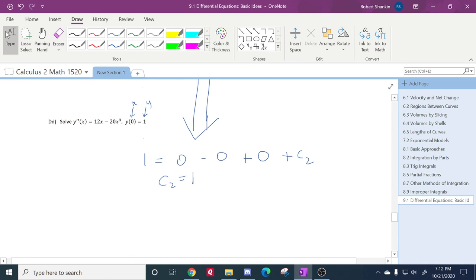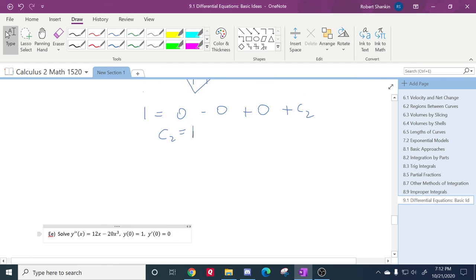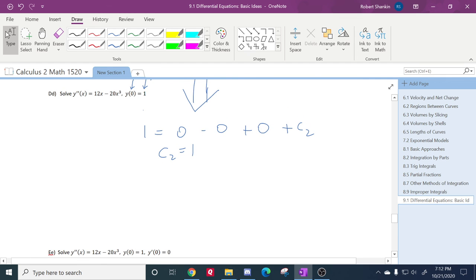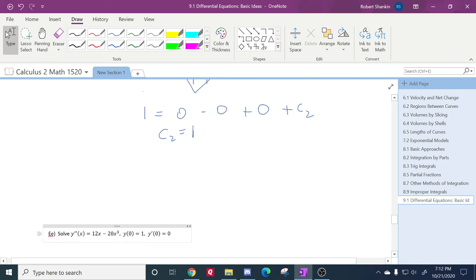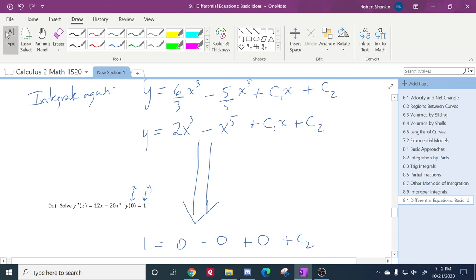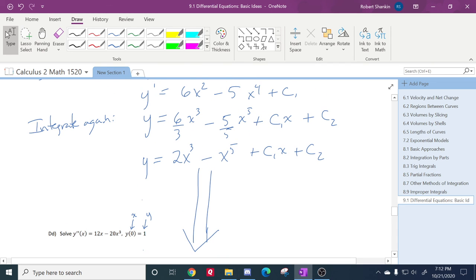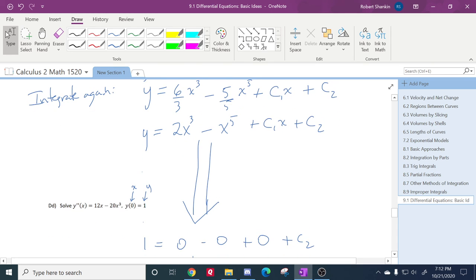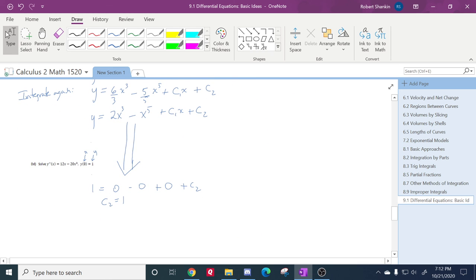So when you have a second order initial value problem, it will have both of these. So then if y of 0 equals 1, telling you C2 is equal to 1, y prime of 0 is equal to 0 as well, what we do then is we go back to our solution. We know now that the solution so far is, we know that C2 is 1, so I'm going to rewrite this equation by substituting 1 for C2.